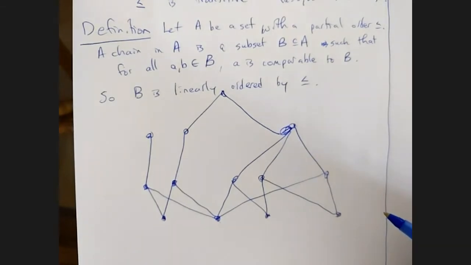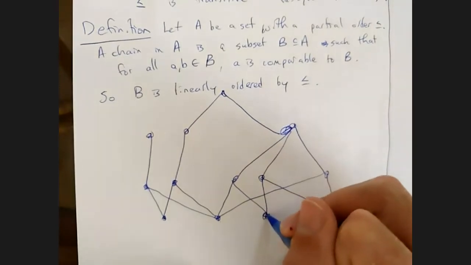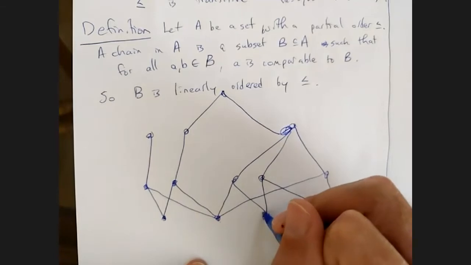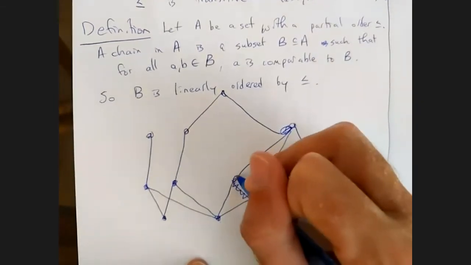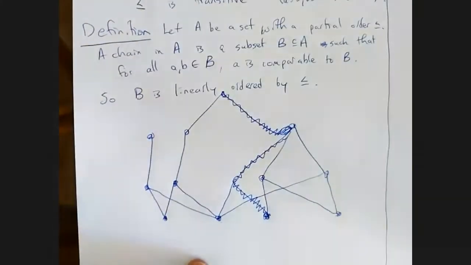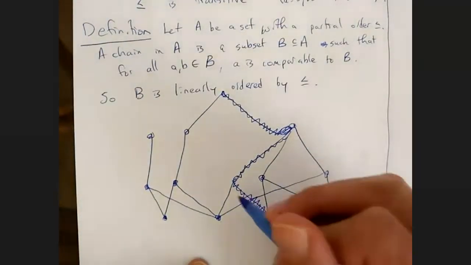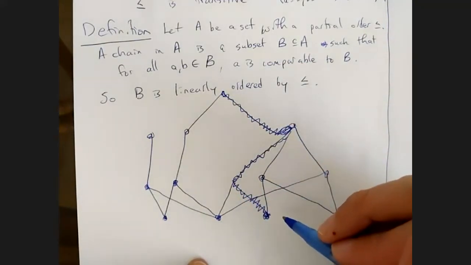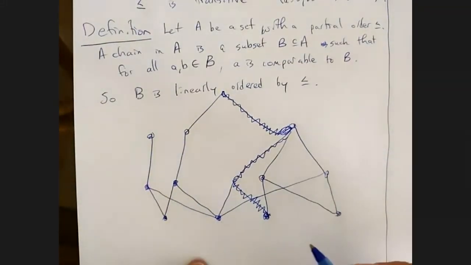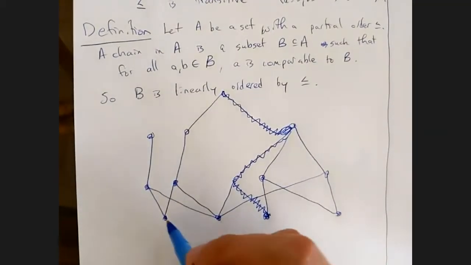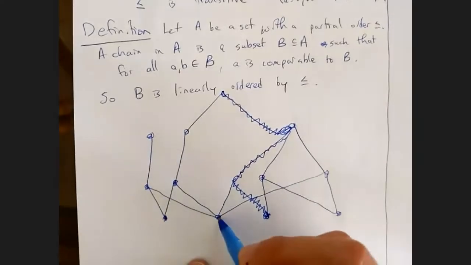And so this is just some wacky partial order, but a chain is something where any two things are comparable. So a chain might look like this. And then in this line of squiggles, any two things are comparable. Whereas in the entire thing, you can maybe guess that this thing and this thing are not comparable.